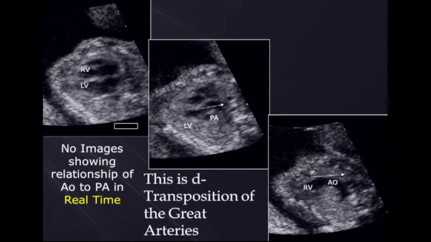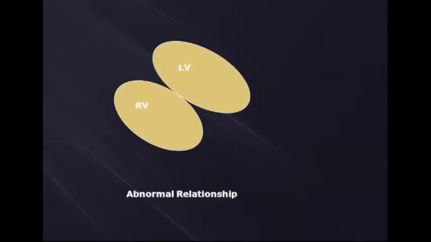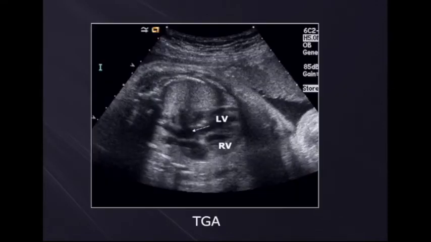If that ductus ever closes after birth, there's no way for blood to get shunted from right to left. So this is very difficult. This example shows you, even though the sonographer thought this was normal, documented the RVOT, documented the LVOT, did not do it in real time. So the relationship was more parallel than perpendicular.